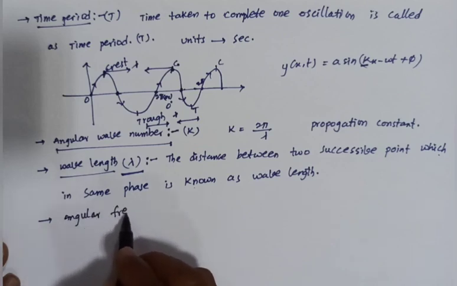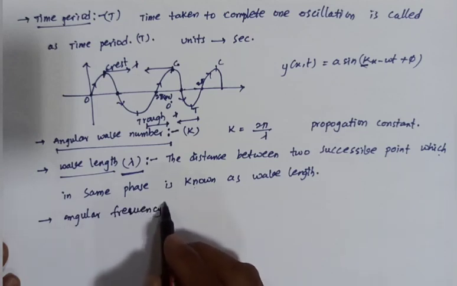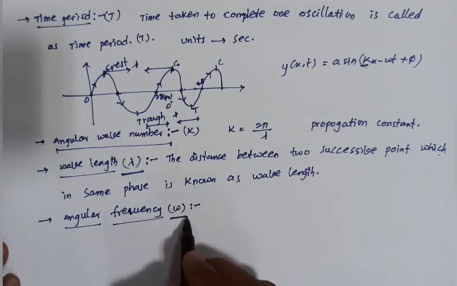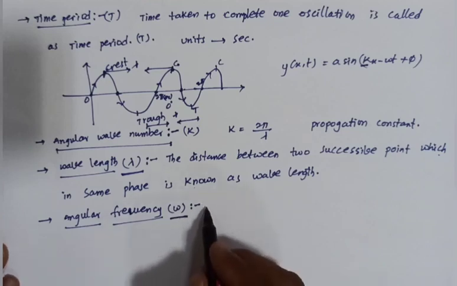Angular frequency is denoted omega. So we define the frequency, mu.